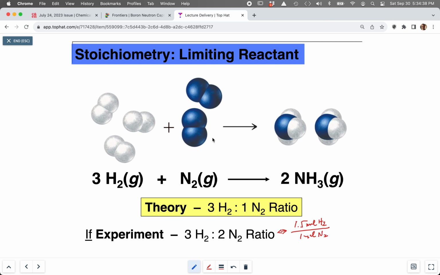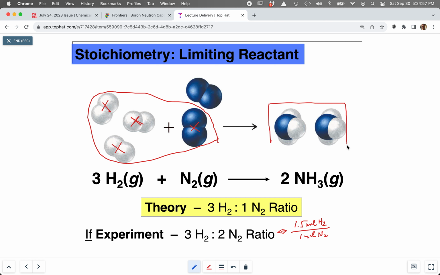Looking at our pictures, this is what we imagine would happen. 3 moles of hydrogen, 1 mole of nitrogen would react and be removed from our sample. And we would create 2 moles of ammonia, but now we have excess nitrogen, which would be left over.